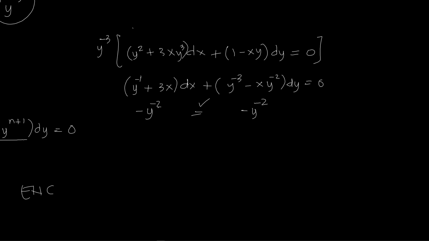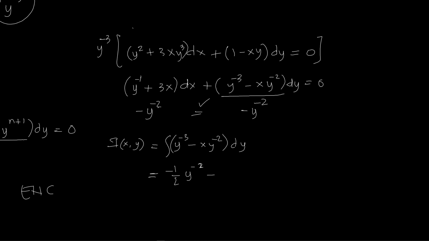Okay, so we continue, we will find I of xy, which is equal to, we will use N. It is up to you whether you use M or N. The integral of y to the negative 3 minus x y to the negative 2 dy: the integral gives negative 1 half y to the power of negative 2, right?